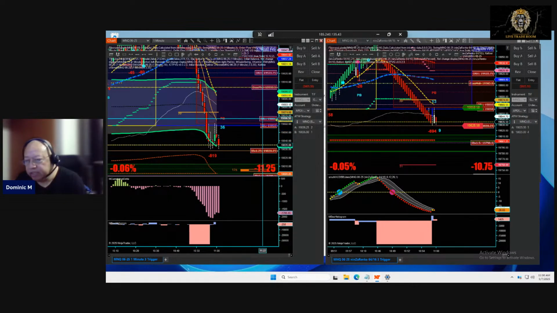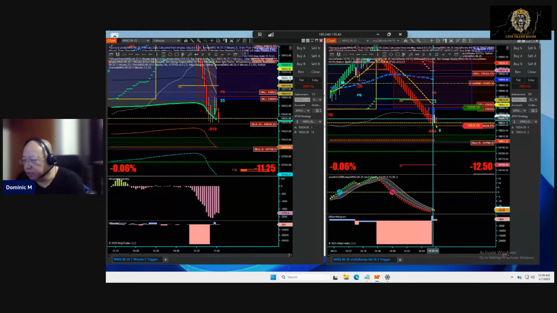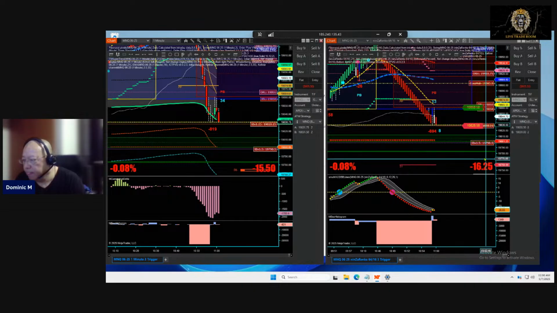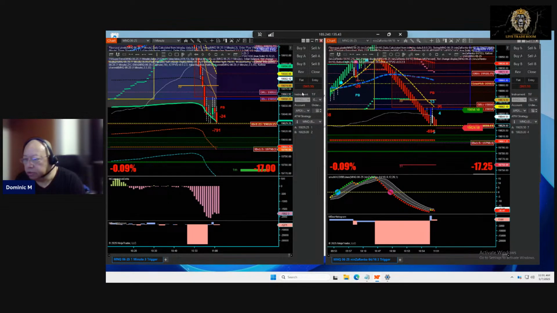Right now we have 18 seconds left on the 1 minute bar. There's a reversal bar right here, but we don't. We've got 6 seconds on the 1 minute bar. If it closes below that, I'm going to take it. There it is. It closed below.